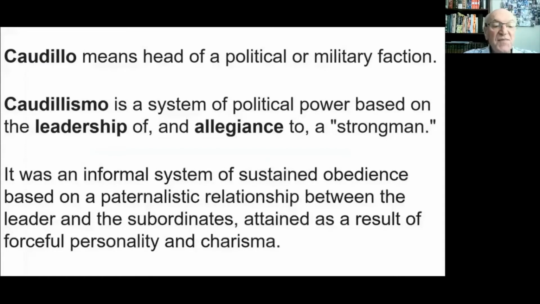So it was an informal system of sustained obedience based on a paternalistic relationship between the leader and the subordinates, attained as a result of forceful personality and charisma. There was this person who offered to protect his people in exchange for fealty. And this is how he was successful in recruiting troops and governing in his own little area or big area, depending on where he was.